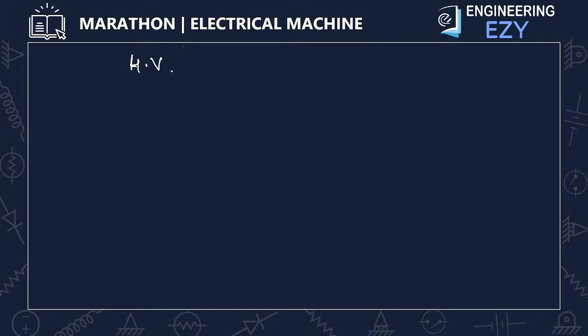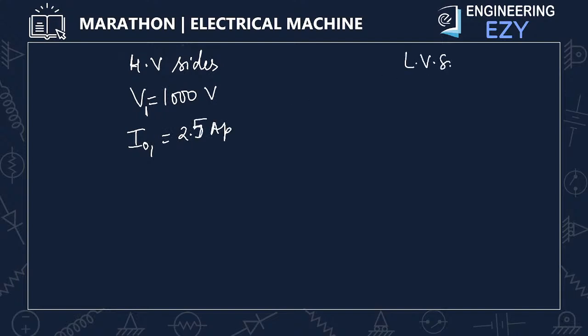In the first case, when it is excited by high voltage side, voltage V1 is 1000 volt, and no load current IO1 is 2.5 ampere. When it is excited from low voltage side, voltage V2 is 250, it is given as 400, sorry. 400 volt.